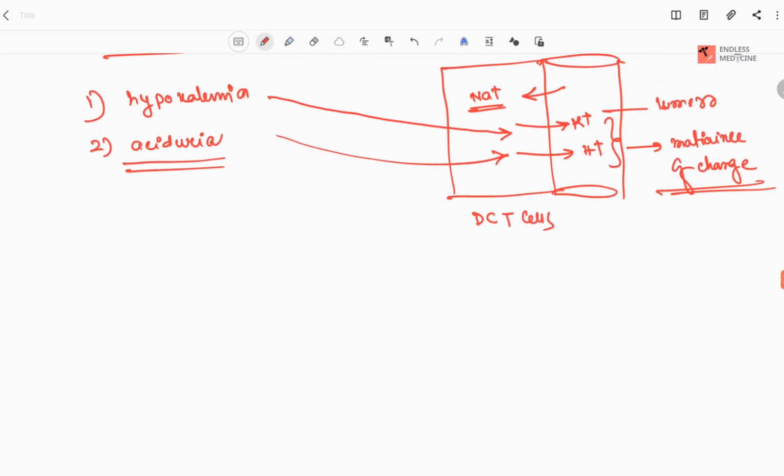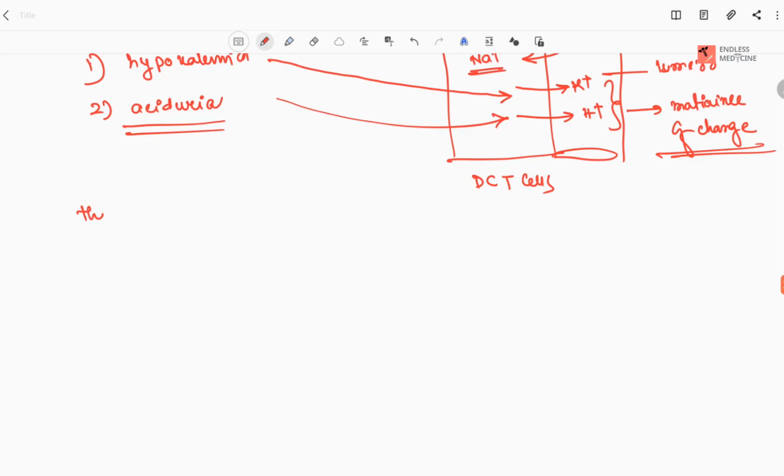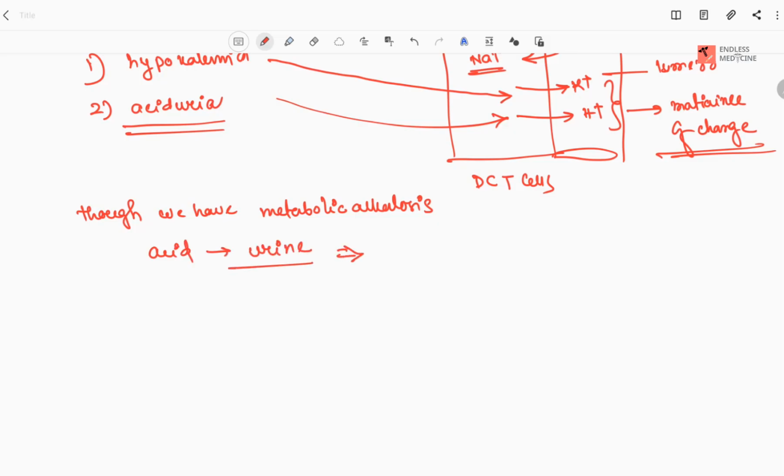So what we find is that though we have metabolic alkalosis, acid is released in the urine. So it is a paradoxical finding. In spite of metabolic alkalosis, acid is being lost from the urine.